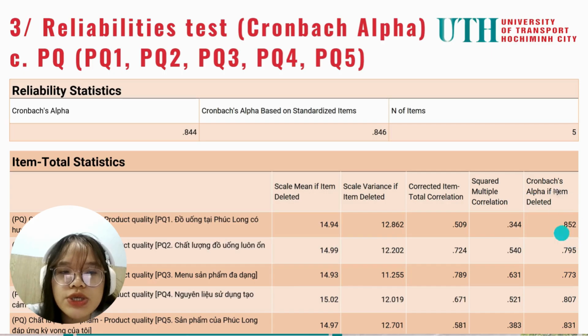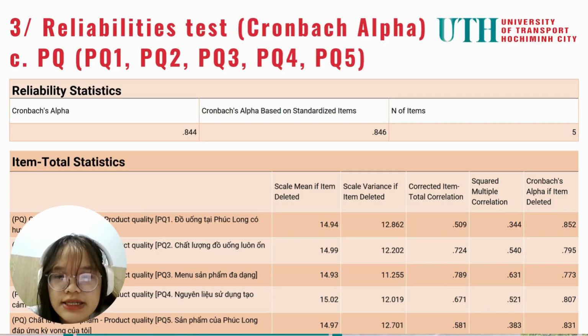And the table will show that the Cronbach's alpha if item deleted is 0.852.